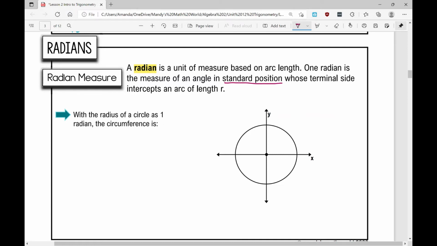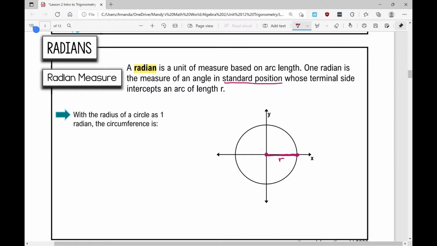I have a circle put on the coordinate plane with the center of this circle at the origin, right here. Let's say I have a radius of this circle, which would go from the center all the way to this point on my circle. That has a length r.